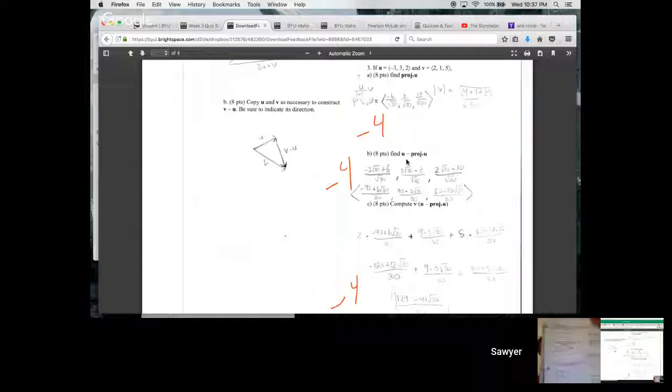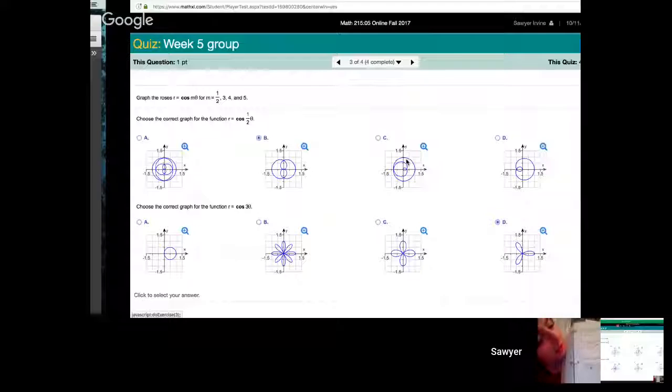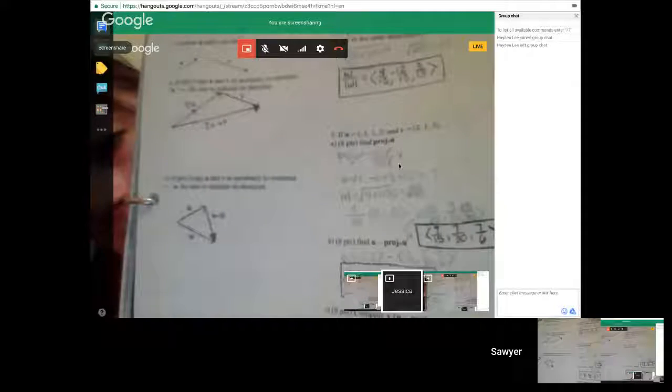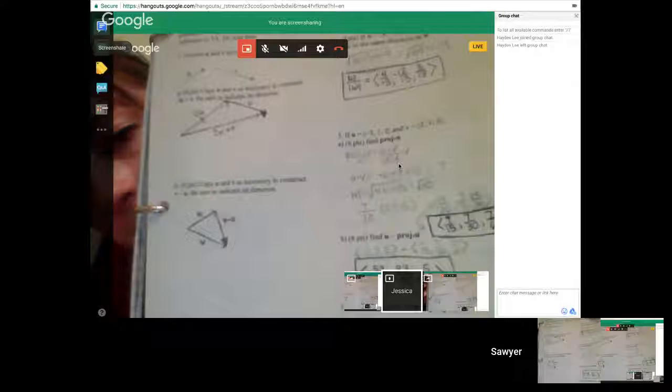Can you see mine? I have the formula on there. Hang on. Maybe could you lower it just a little bit? Okay. Oh my gosh, I kind of see it.